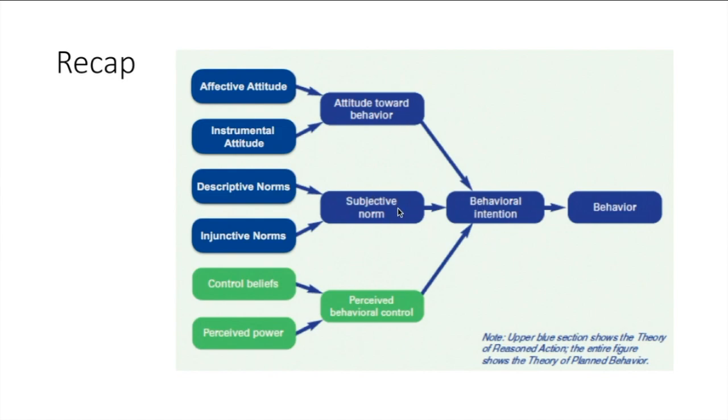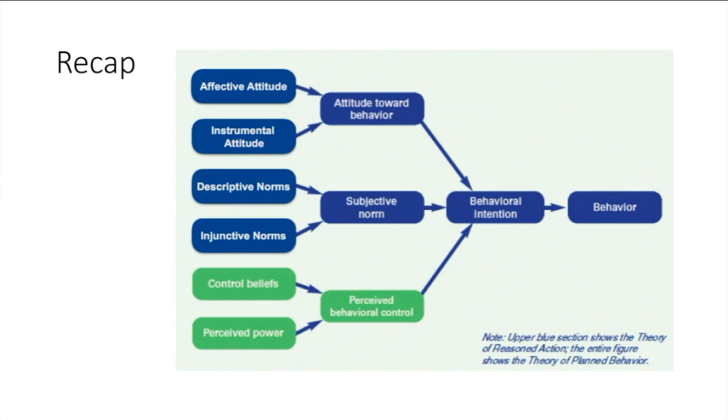Then there's the second factor, which is the subjective norm. Subjective norm is based on whether people around you in your society, in your culture, engage in that behavior. And we know that that is the descriptive norms. And then there's the other factor, which is, are these people willing to support you in your engagement with that behavior?